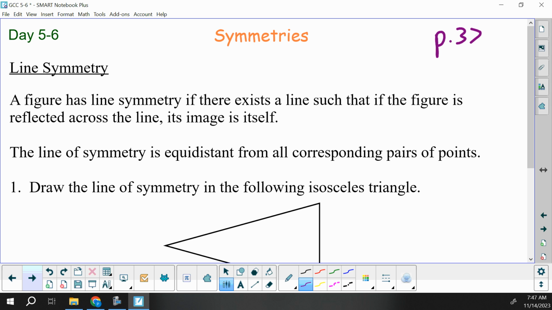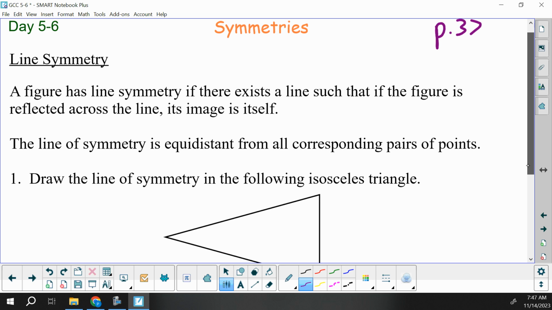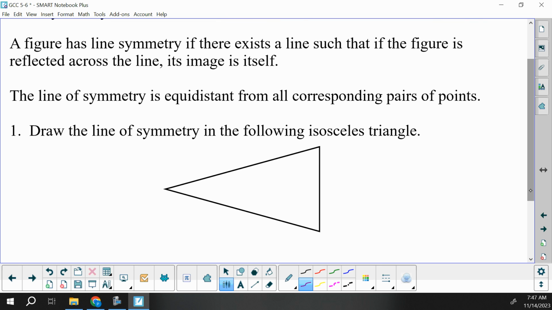Imagine if you were able to fold your piece of paper, and when you folded it, the figure folded over onto itself. The line of symmetry should be equidistant from all of those points that are landing on top of each other. So in this first one here, we're just going to freehand draw in our lines of symmetry. In this one here, our line of symmetry would be right about there. If we were to fold it on that line, the figure would fold over onto itself.